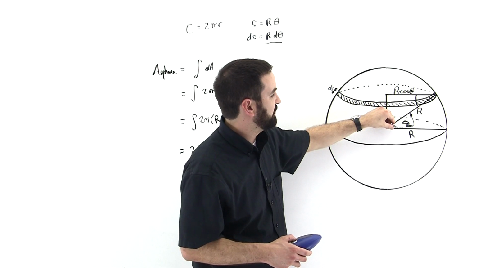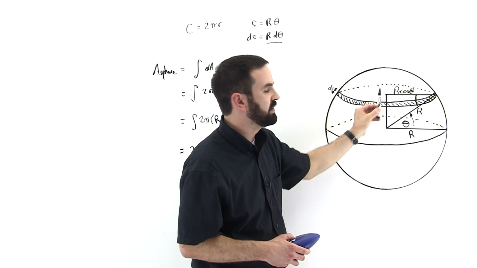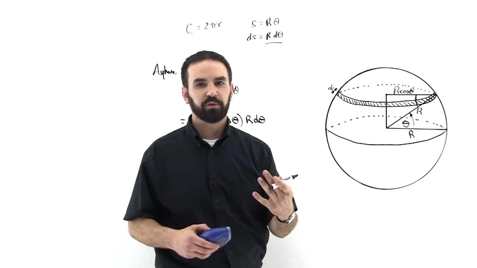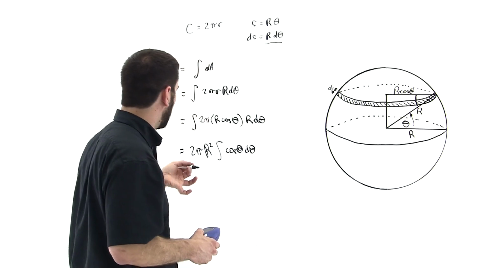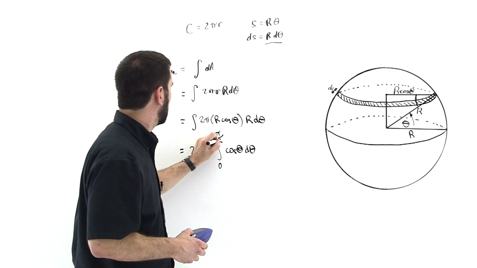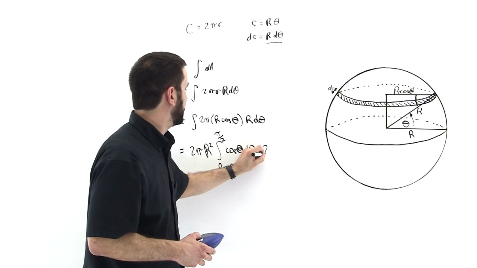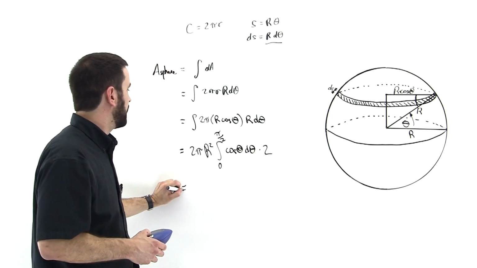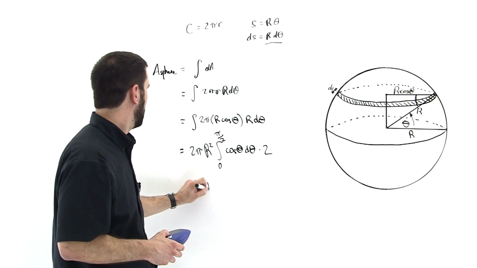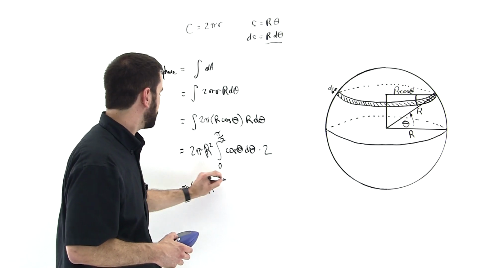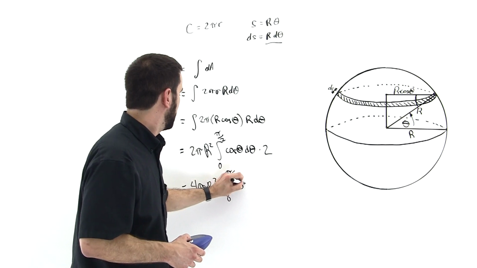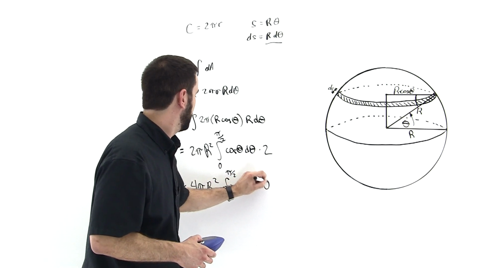But let's just integrate from 0 to pi over 2, and that'll give us the area of this hemisphere, and then multiply that whole thing times 2. So I'm going to factor this 2 all the way over: 4 pi r squared, integral from 0 to pi over 2 of cosine theta d theta.